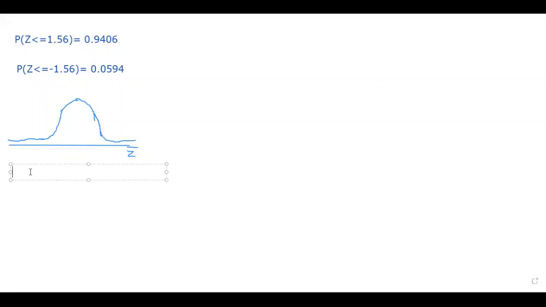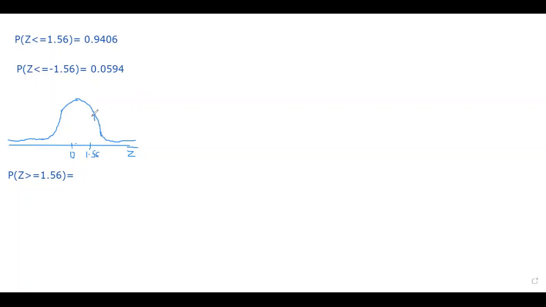So what if you've been given the probability that z is greater than or equal to 1.56? Look at the sign, greater than or equal to. This is the mu, 0 here. So 1.56 will be here. You get it?